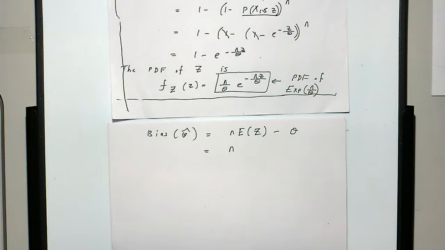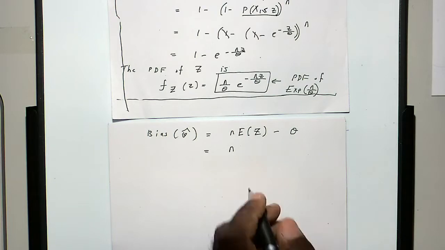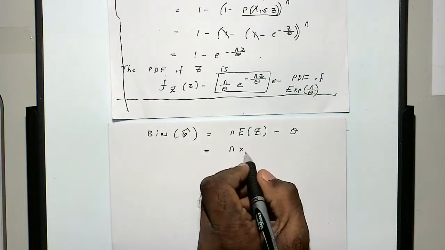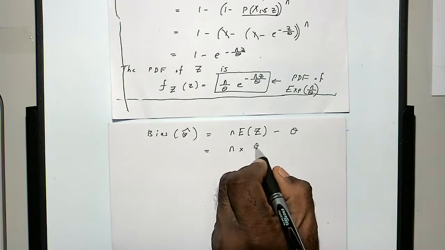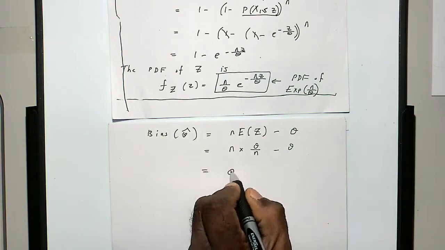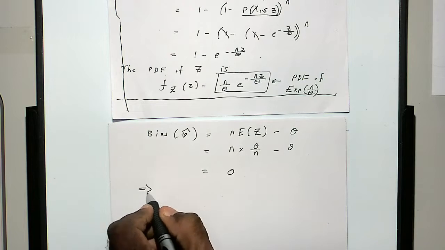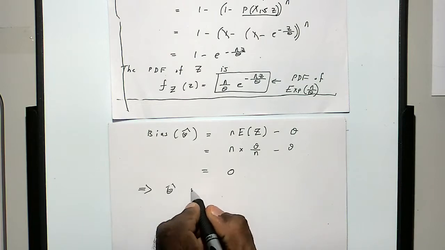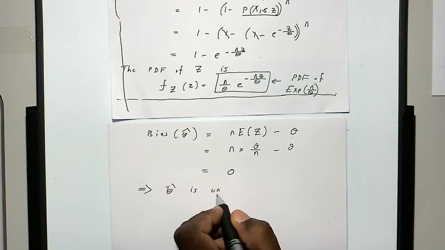You see this here? The expectation of an exponential variable is equal to 1 divided by lambda. So in this case, it will be theta by n. So this is 0. So what this means is that theta hat is unbiased.